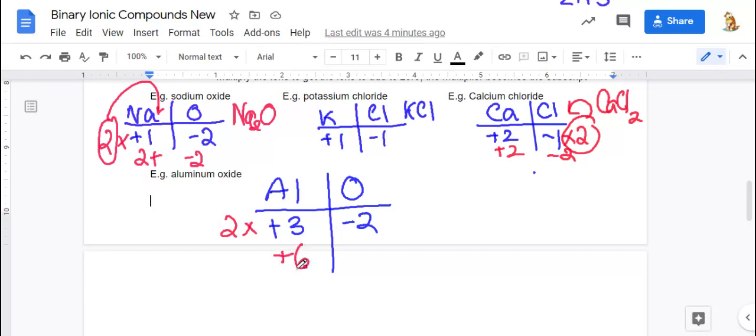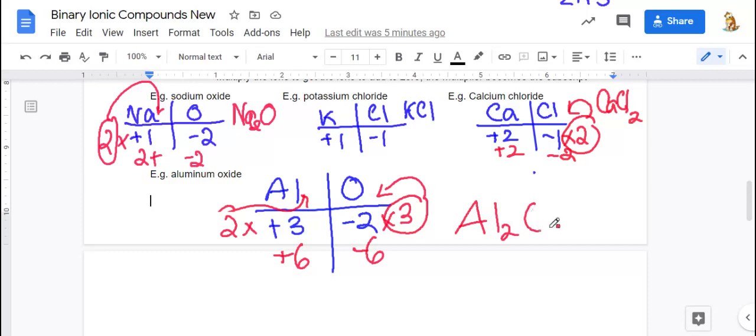So my total positive is plus 6. Oxygen, to get that to 6, I would have to multiply by 3. So that gives me a total negative of negative 6. Now, plus 6, negative 6 added together give me 0. So now these numbers have become the subscripts for those two elements. So the formula is Al2O3.